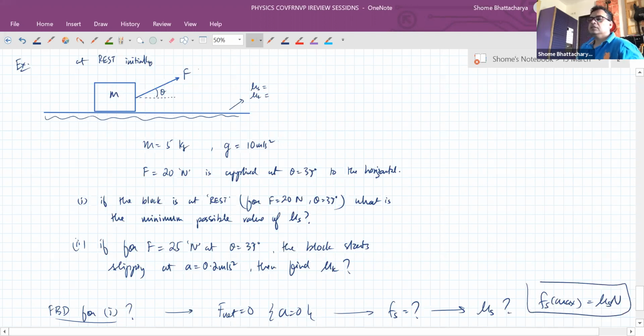So from this, you can get the possible values of the coefficient of static friction. Okay, so hope the question is clear, people. Yes, sir. Okay, so just try this out. Free body diagram, you start with that. Remember that cos 37 is 4 by 5 and sine 37 is 3 by 5.